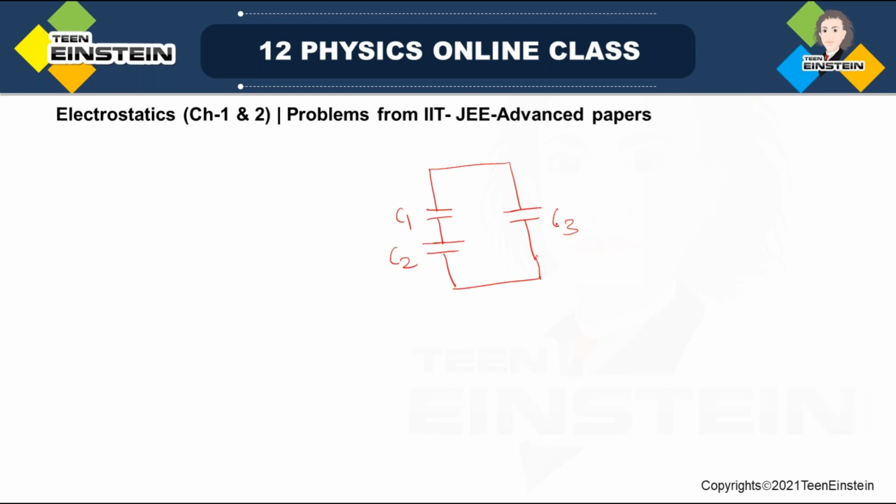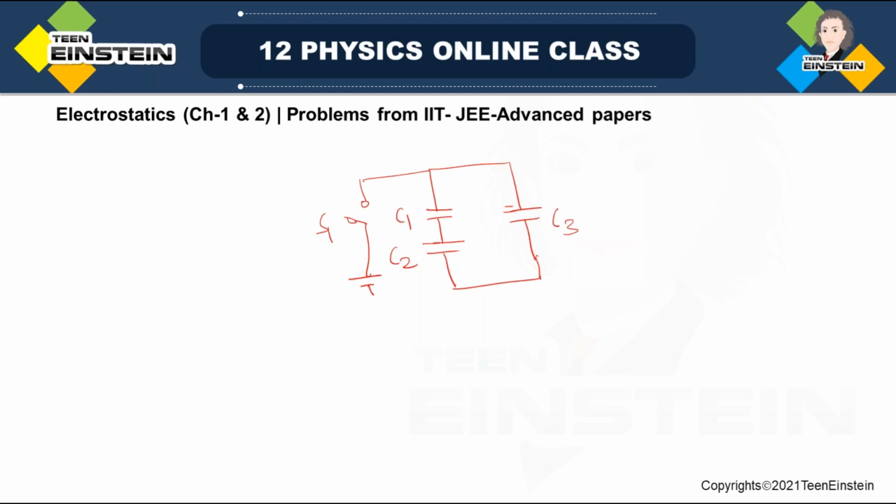Actually, this will be the circuit because S1, which was with the battery, is now open. That means the charge of C3 will be charging these two.